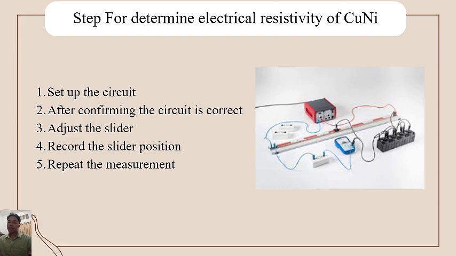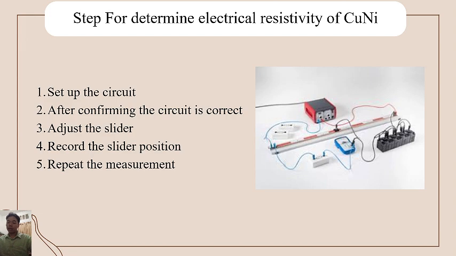Number 1 is set up the circuit. As in experiment A, but replace the combination resistor RC with a resistor of approximately the same value. And number 2, after confirming the circuit is correct, power the circuit using the power supply, because the wire resistance is very small.